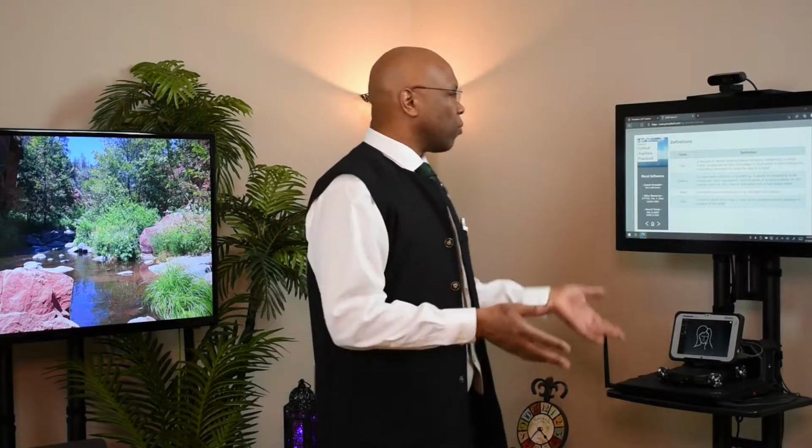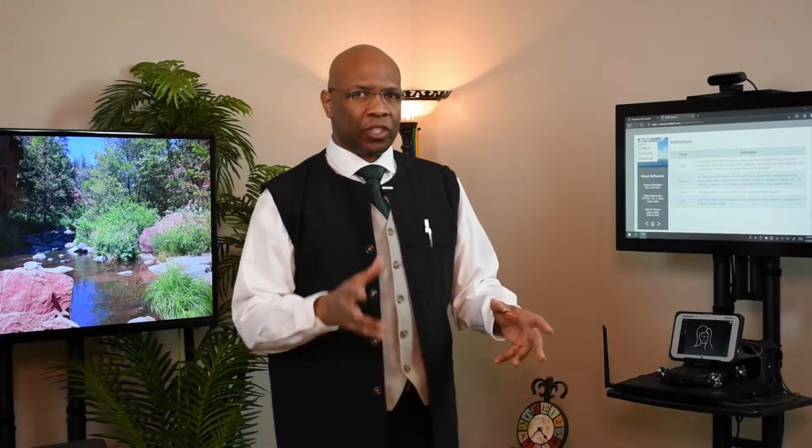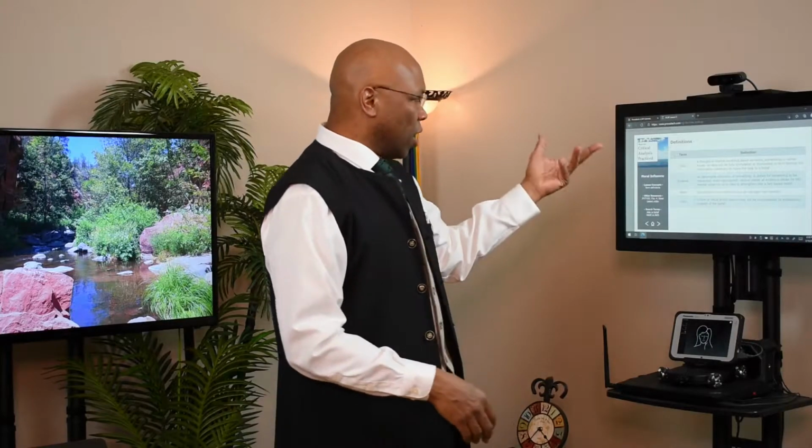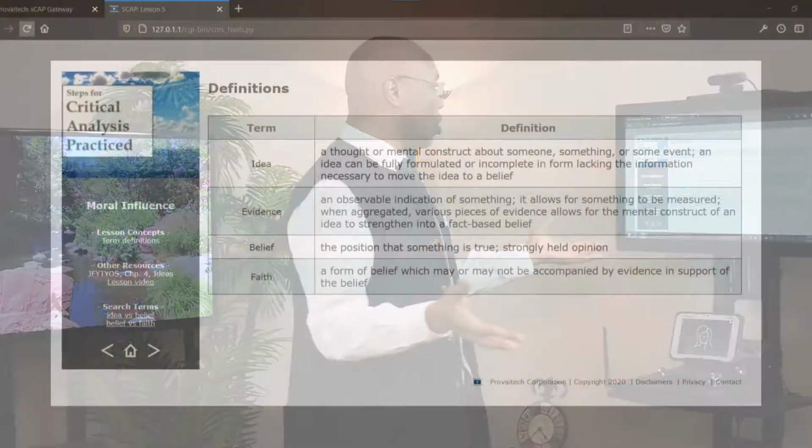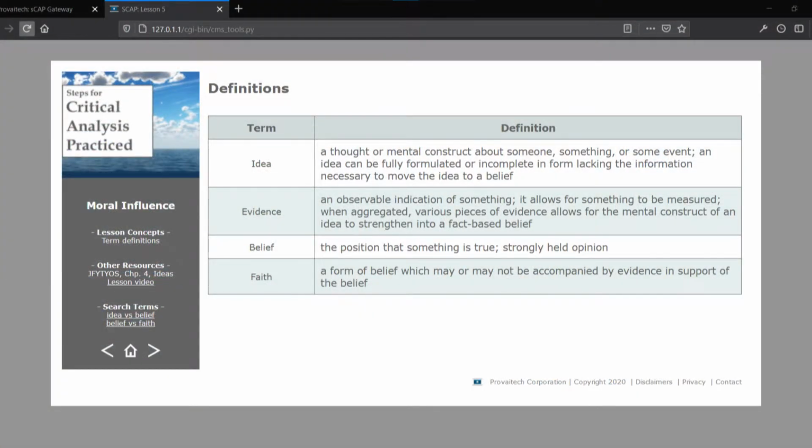First off, we're looking at four definitions this week. They lead us into the rest of the concepts we need to talk about. Idea: a thought, a mental construct, something formed in our heads when we have thoughts.